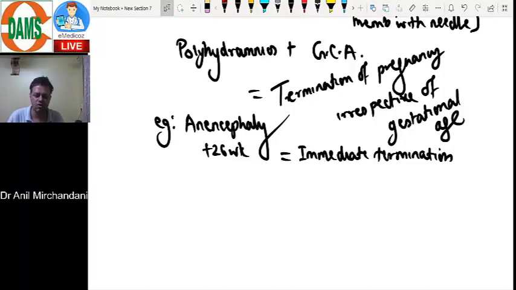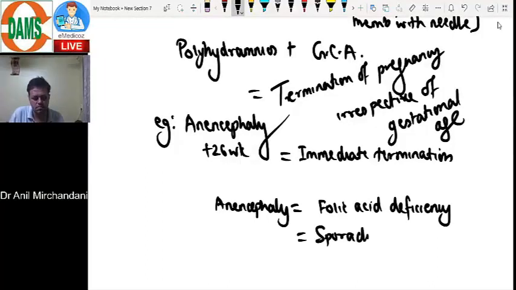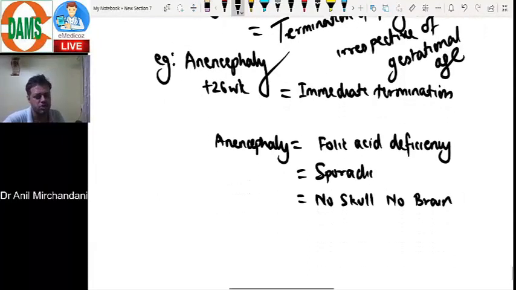Few more facts about anencephaly. Anencephaly is associated with folic acid deficiency. It could be sporadic. So baby has no skull bones, no brain. No skull bone, no brain formation.